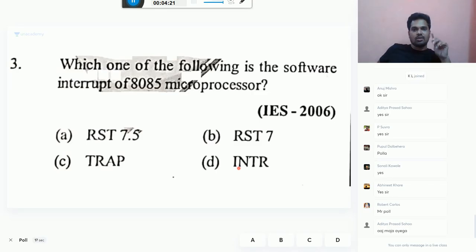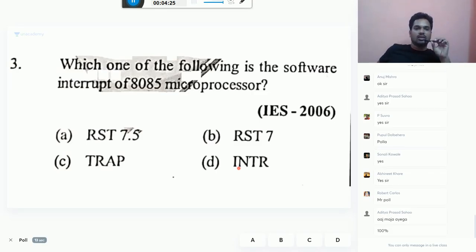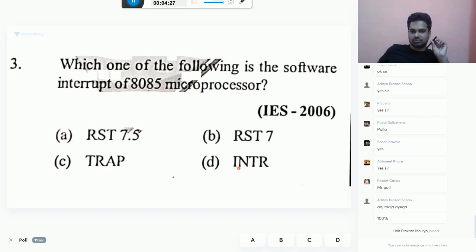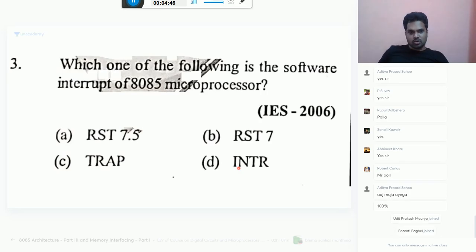Good. Why only 50%? It should be 100%. What happened? So top 10, these are the people.